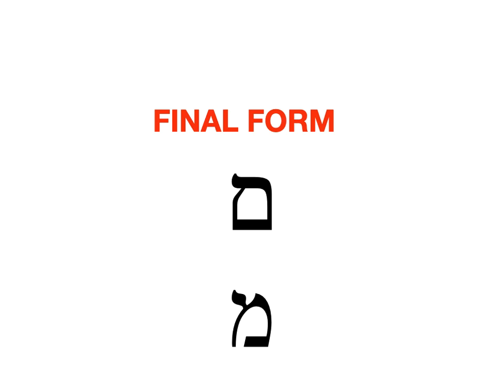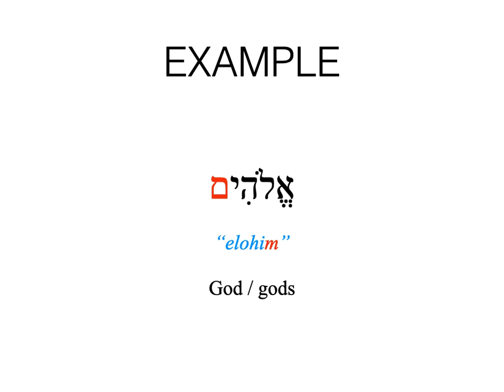Mem also has a final form, just like kaf had, and here the final form just basically means that the gap that is on the bottom left is closed. Okay, so you have a mem and it has a little gap there. In the final form, that gap will be closed. Here is an example, Elohim, and you have already seen this word.